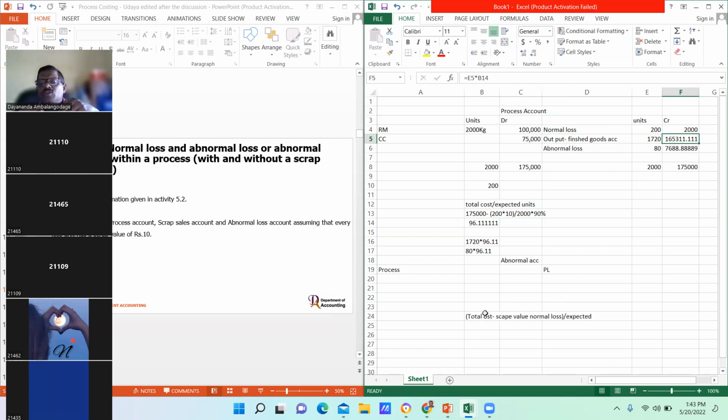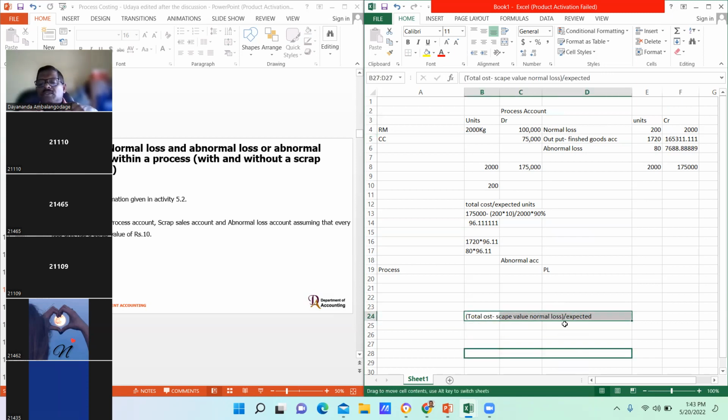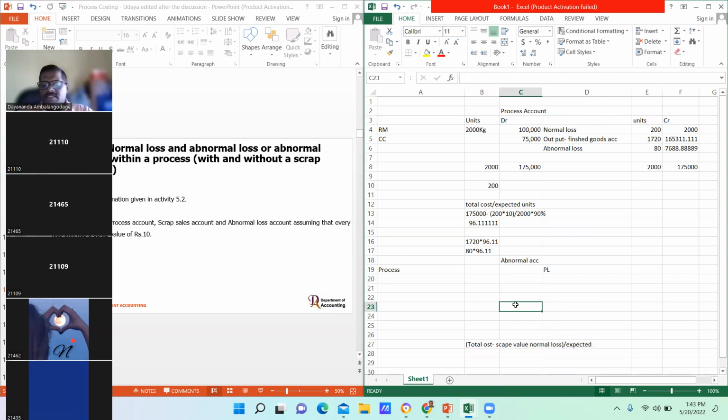So you will be opening a separate account called normal loss account. For the normal loss, you write the process account, and you debit the amount 2000 here.